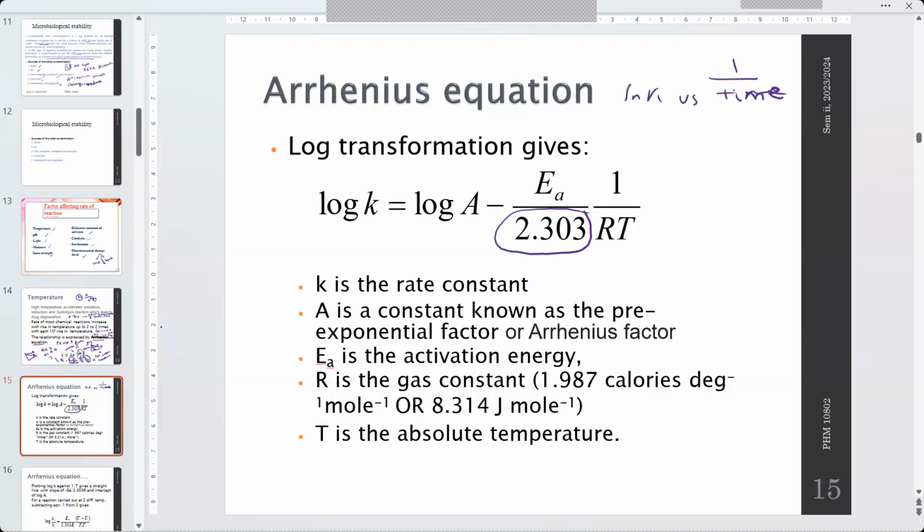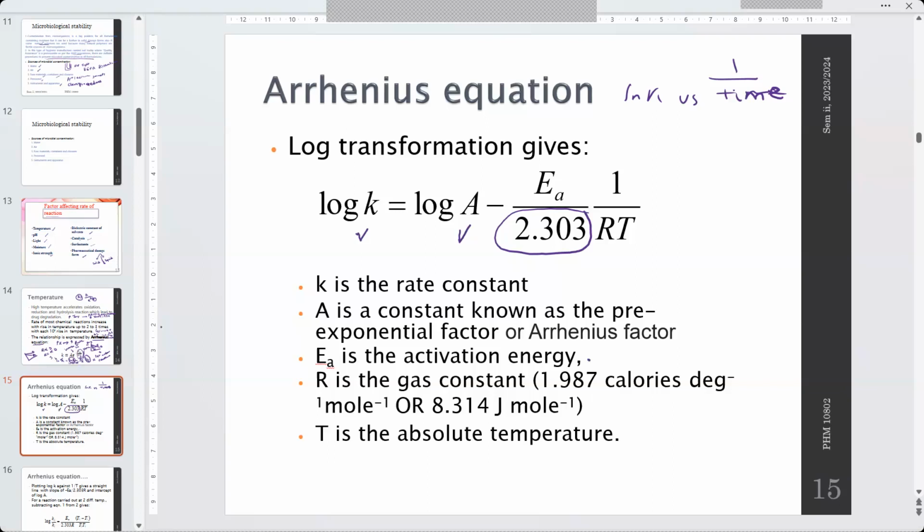Okay, so in this equation, K is the elimination rate, the reaction rate constant. A, we call it the Arrhenius factor, this one, the intercept. EA is called activation energy. This is different from one reaction to another.